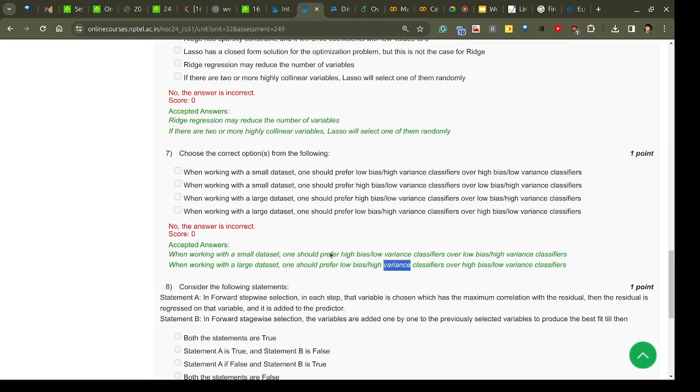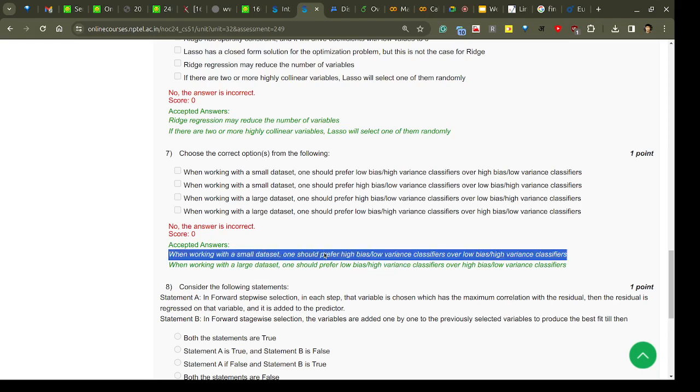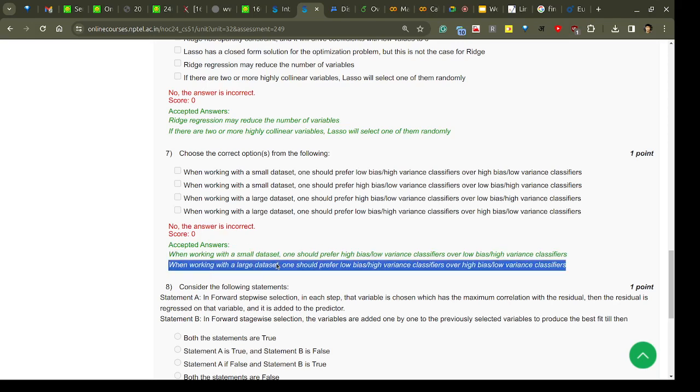For a small data set, suppose you have very few samples, in that case you should prefer high bias. If you have a very small data set and the variance is high, then it will get overfitted. Outliers will affect it very much. But in the case of a large data set, that issue is not there. So in that case you can use low bias, high variance.